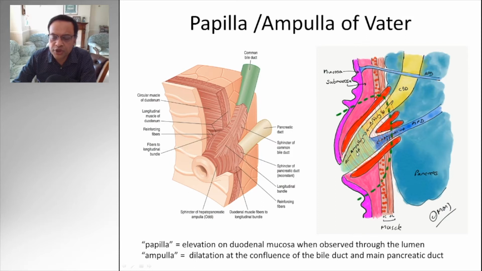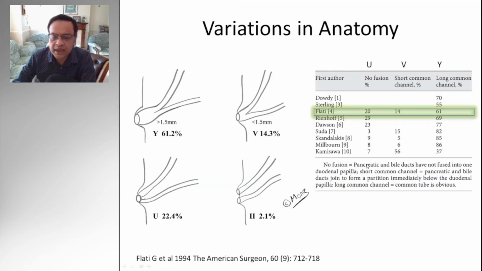The structure of this region is subject to anatomical variations. Indeed, there are at least 4 well-known variations in anatomy which are termed Y, V, U and Roman numeral II, or double-barreled configuration. In the Y configuration, the common channel measures at least 1.5 millimeters in length.